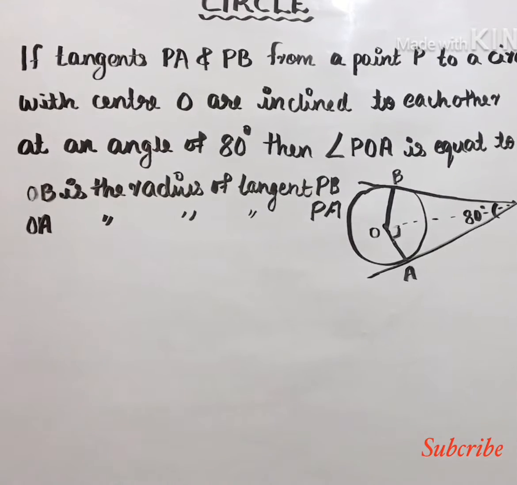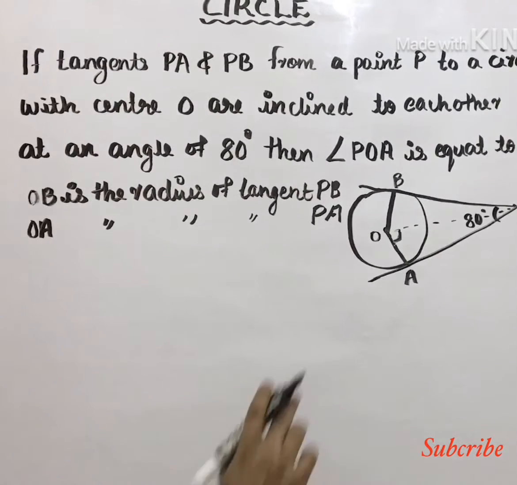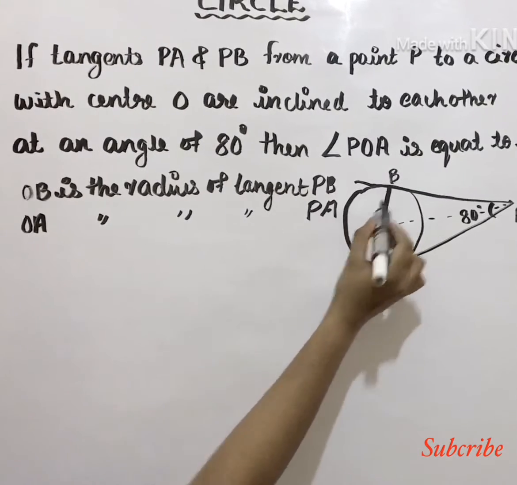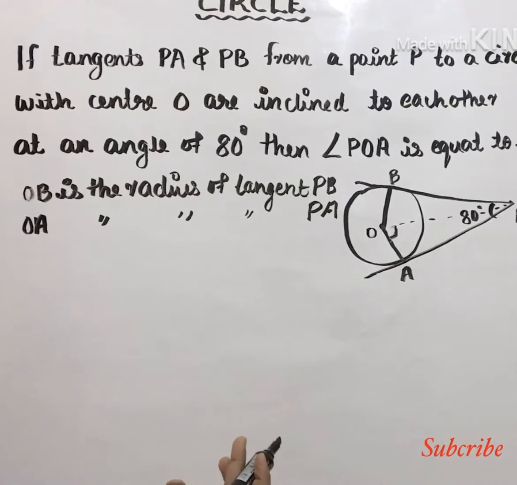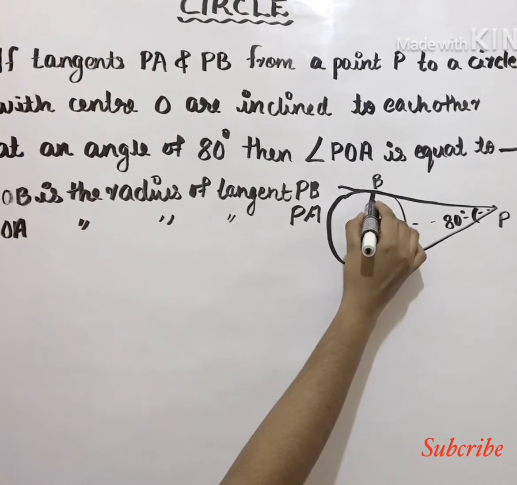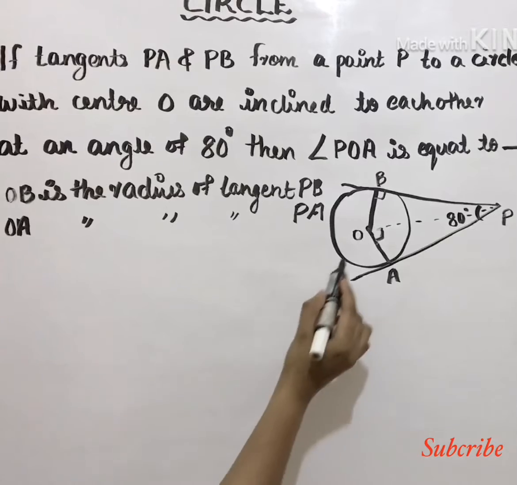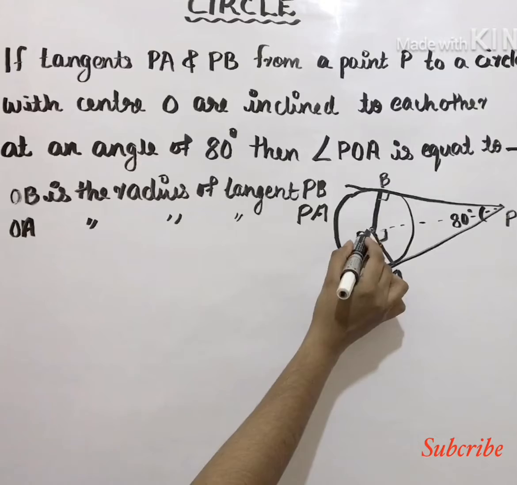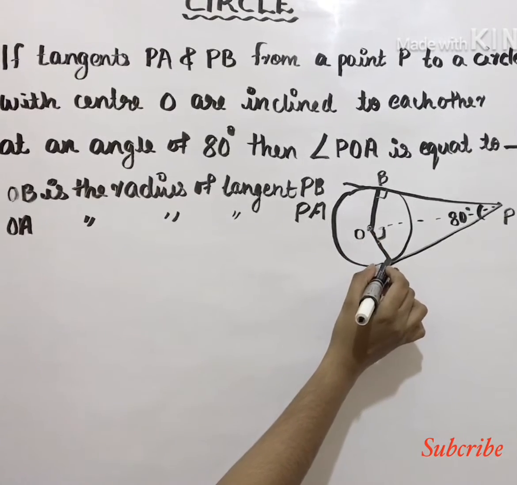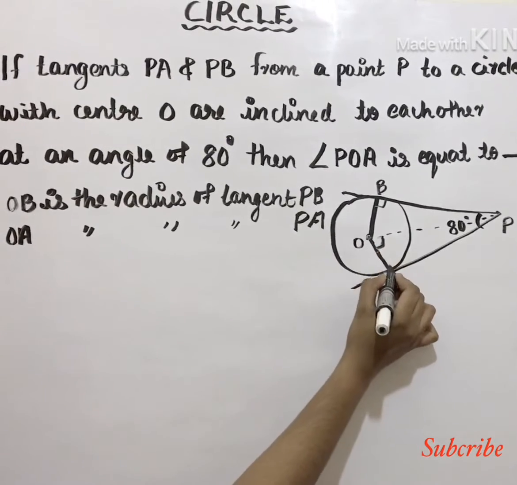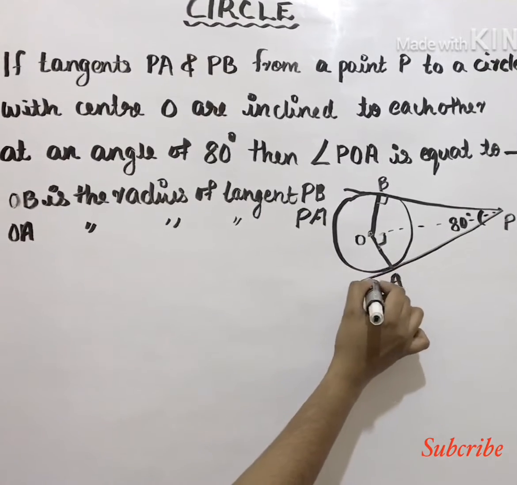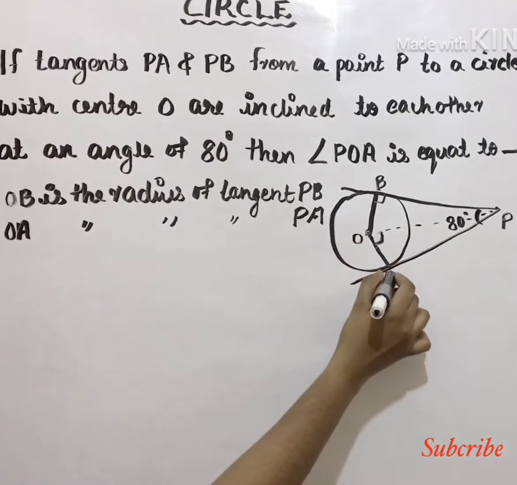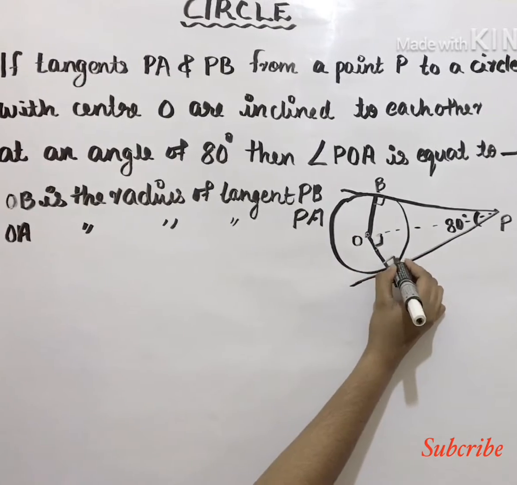So we know that the line drawn from the center of the circle to the tangent is perpendicular to that tangent. Therefore OA is the radius drawn from the center of the circle to the tangent AP, so this angle is 90 degrees.